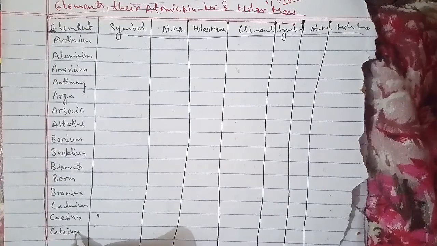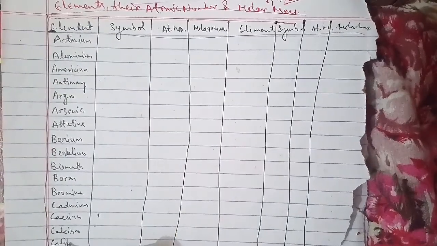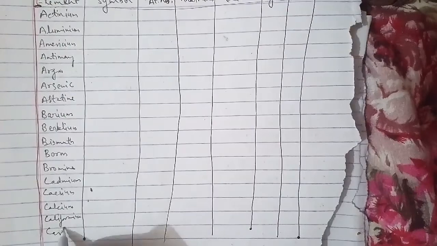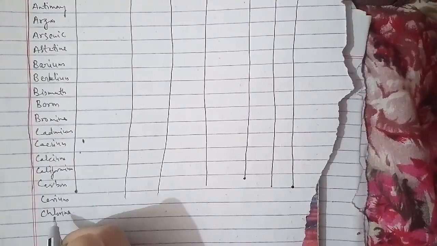Then we have carbon. Then we have cerium. Again we have chlorine. Then chromium. Then again we have cobalt.